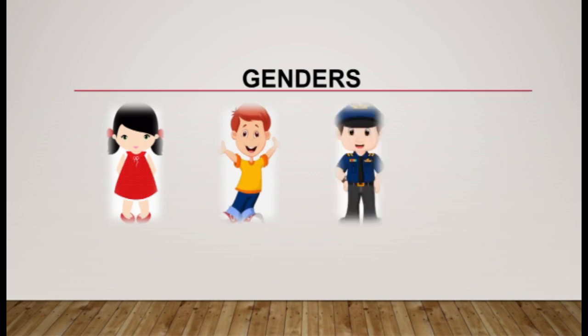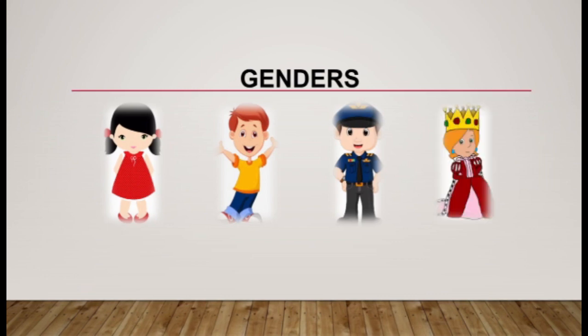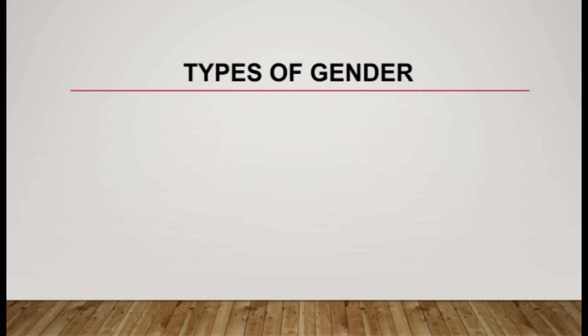A policeman. A policeman is a male. Very good. The last image is that of a queen. A queen is, what do you think, male or female? Female. Very good.